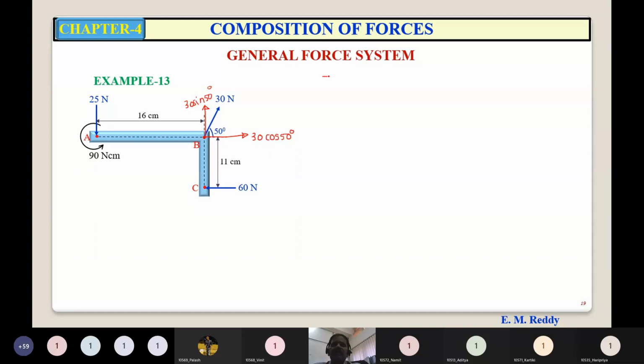Then you have to take the algebraic sum of all X components. This couple of 90 Newton centimeter will not come into the picture while taking summation Fx, summation Fy. So you have 30 cos 50 minus 60.